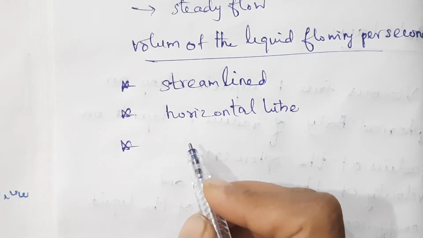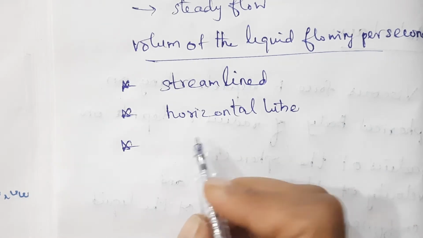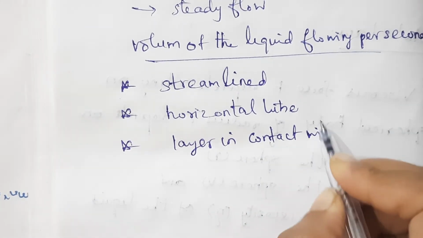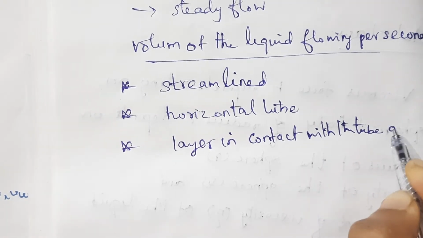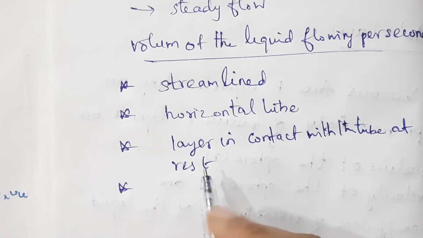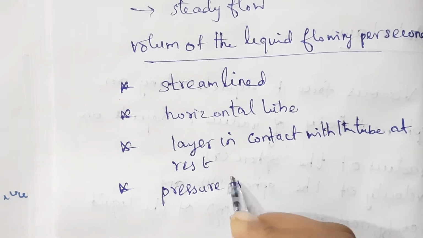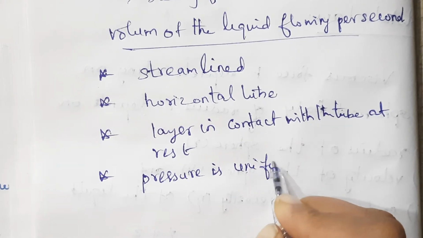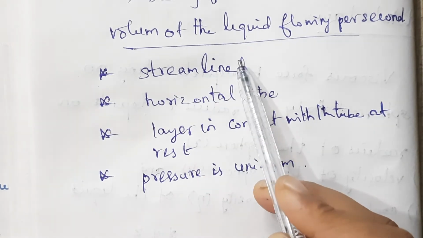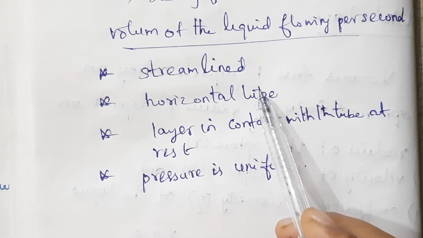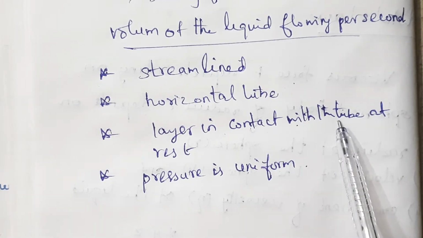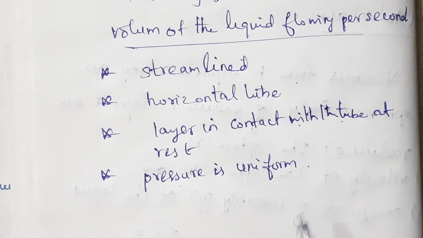Third, the layer in contact with the wall of the tube is at rest, and the pressure is uniform over any cross section of the tube. So these conditions must be retained while deriving the equation.